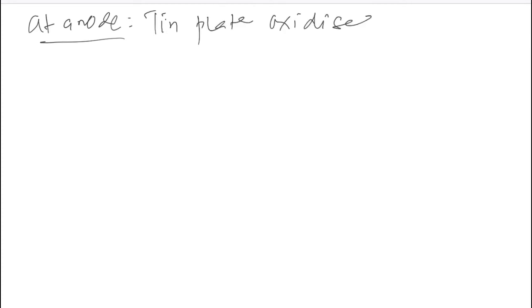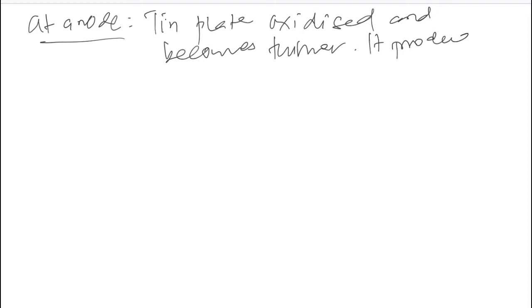At anode, what I could see here is solid, ataupun tin plate, oxidizes and becomes thinner. Okay, that is what I can see lah. It produces tin 2 plus ion.